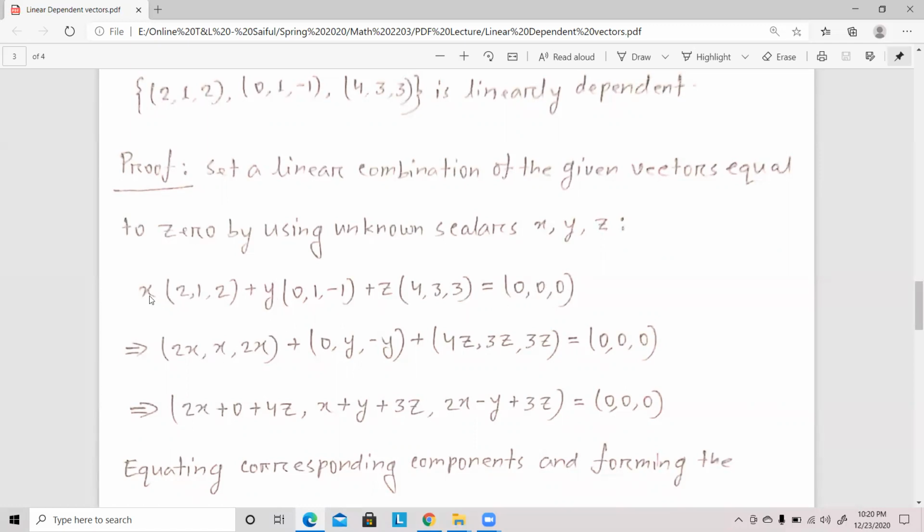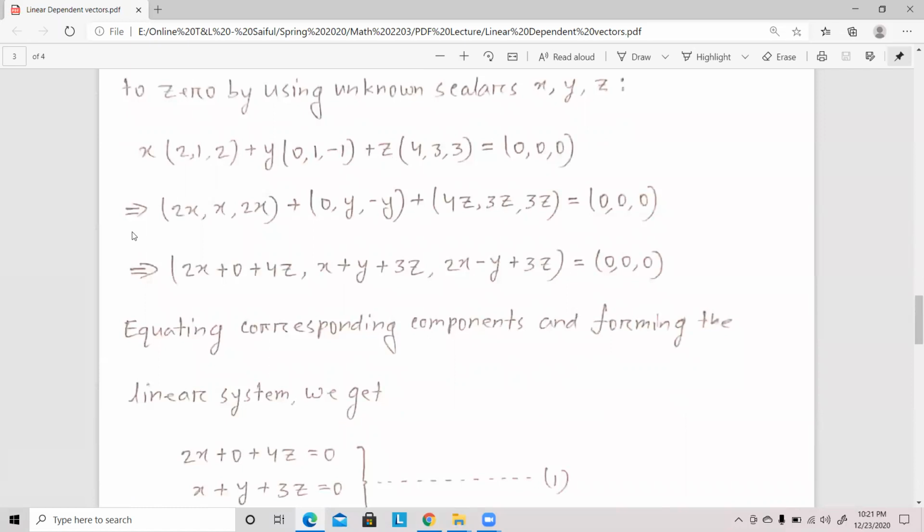Now if we multiply these components by x, we get 2x, x, 2x; then 0, y, -y; and 4z, 3z, 3z.